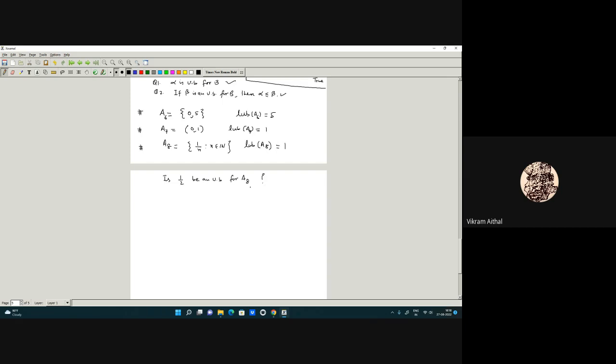Is 1/2 an upper bound? No, sir. Why not? Because sir, जो 1/n होता है वो less than or equal to 1 होता है.